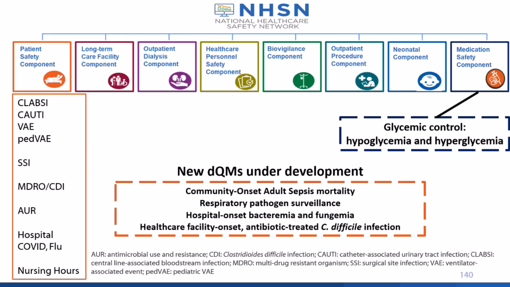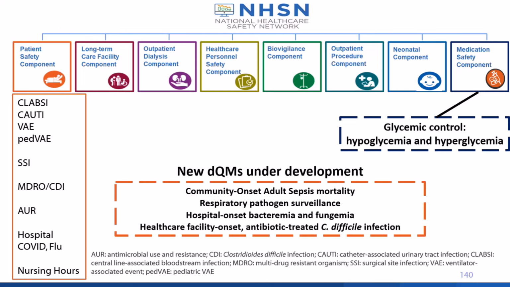Next, let's discuss the quality measures that are under development at the NHSN. Several DQMs will have modules located within the patient safety component, as you can see in the center of your screen, including measures for community onset adult sepsis mortality, respiratory pathogen surveillance, hospital onset bacteremia and fungemia, and healthcare facility onset antibiotic treated C. difficile infection.